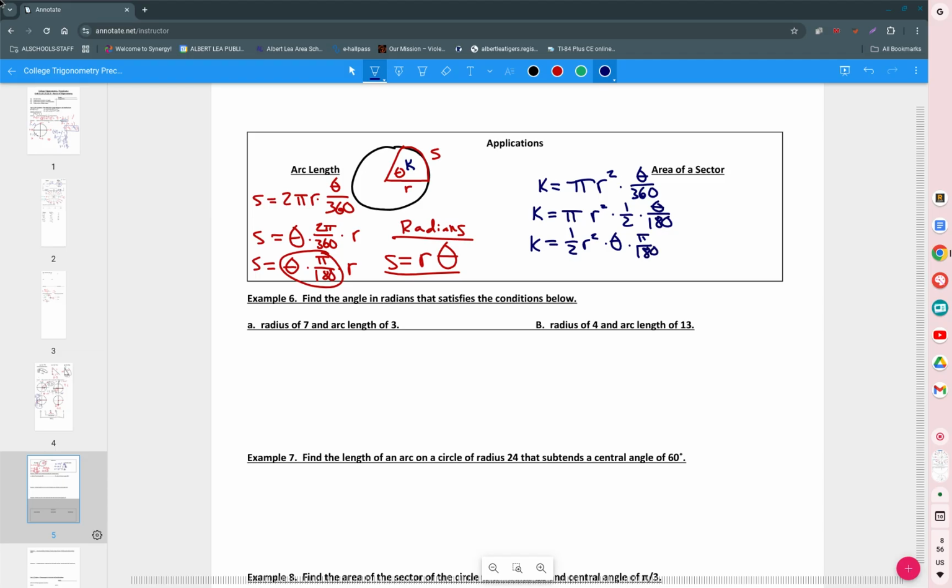I just move some of the pieces around, and again, I have this conversion right here. This is the conversion to go from degrees into radians. And so our formula is as follows. Area equals 1/2 r squared theta if you are working in radians.